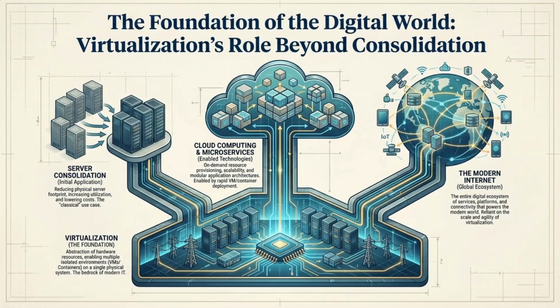The scale and resilience of today's internet, from massive e-commerce platforms to global video streaming, is only possible because of the operational agility and disaster recovery capabilities that virtualization provides. Now that we have seen the why and the how behind this transformative technology, let's look at the practical side and show you how to set up your own virtual machine.